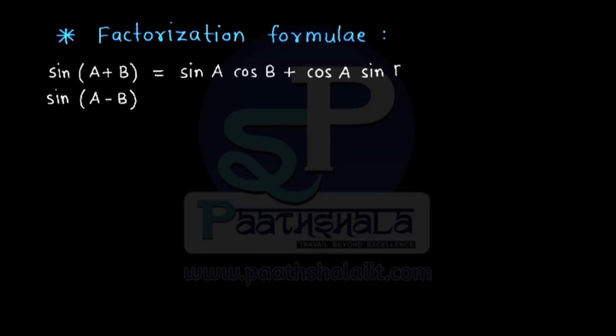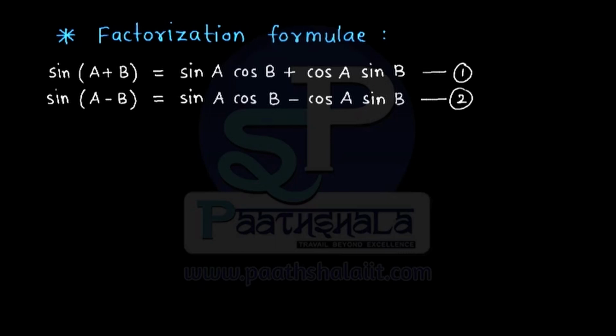Let's call this equation number 1, and sine of a minus b is sine a cos b minus cos a sine b. Let's call this equation number 2. Now if we add these two equations, let's see what happens.